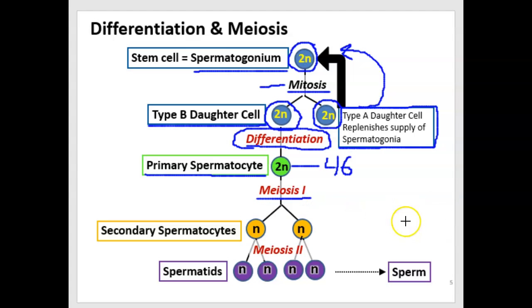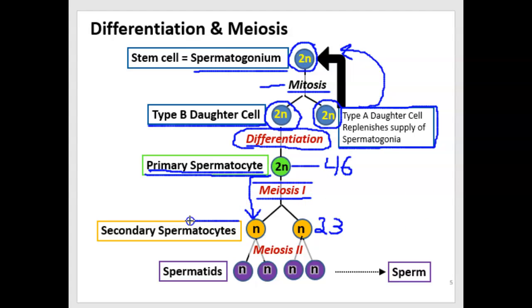Meiosis 1 is the first division that takes place after the DNA has been copied. So first the DNA is copied in the primary spermatocyte, then meiosis 1 takes place. During meiosis 1, the homologous chromosomes are separated from each other, so that the two daughter cells that form are haploid, and each one contains just 23 chromosomes unpaired.